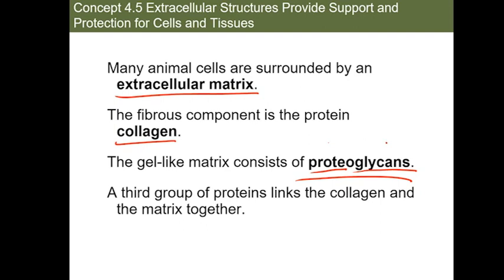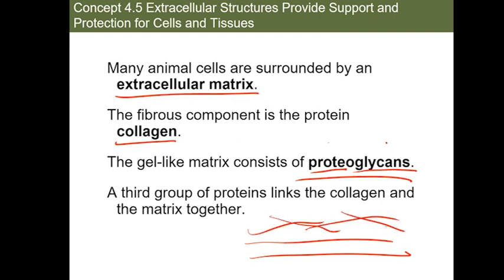A third group of proteins links the collagen and the matrix together. So you have your collagen and your tubules and your proteins along the surface, and then there's proteins in this as well floating around, and then you have connectors.